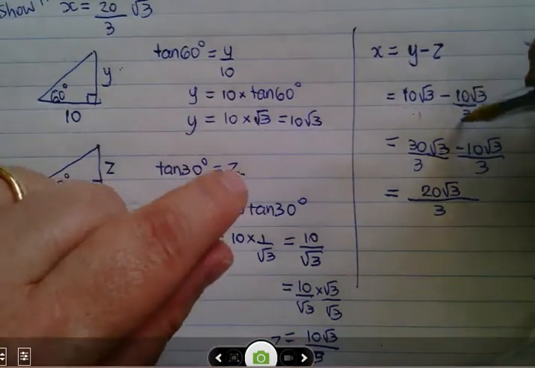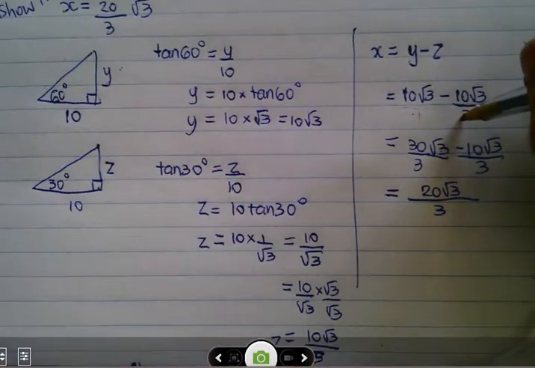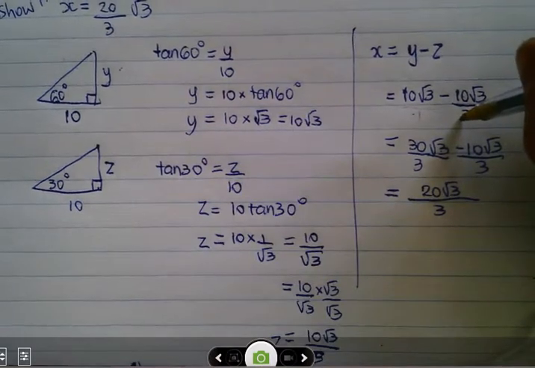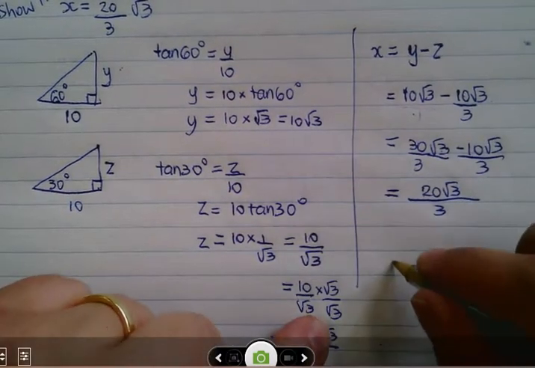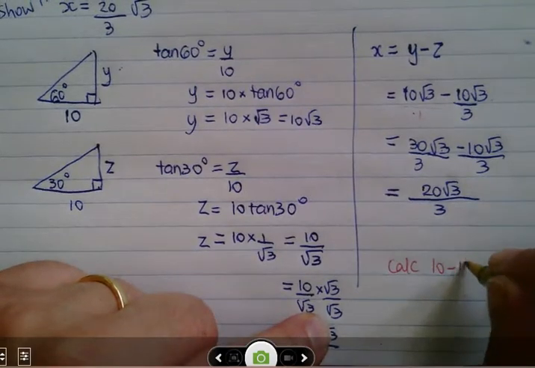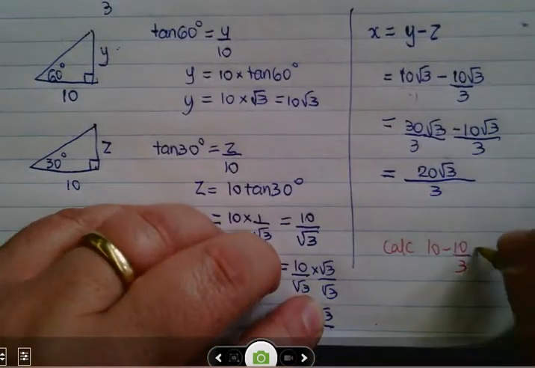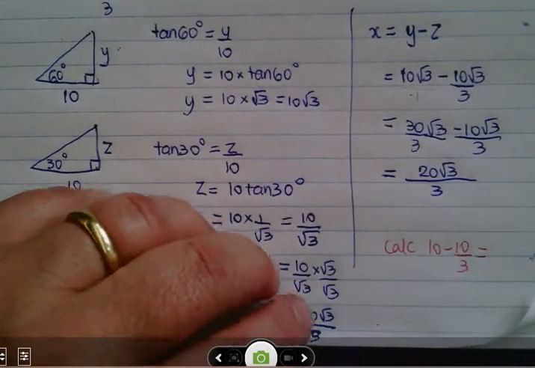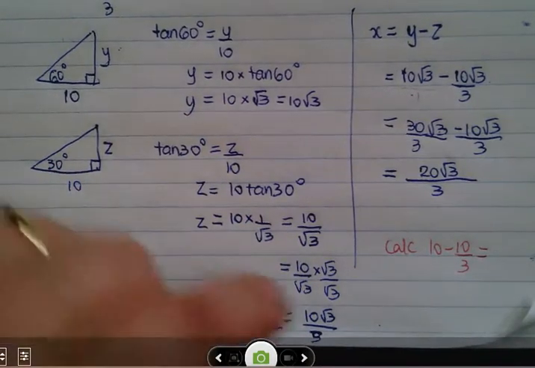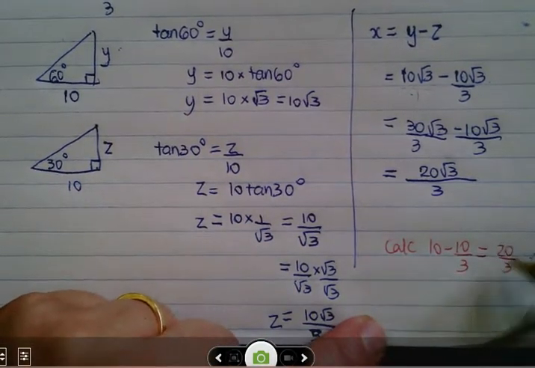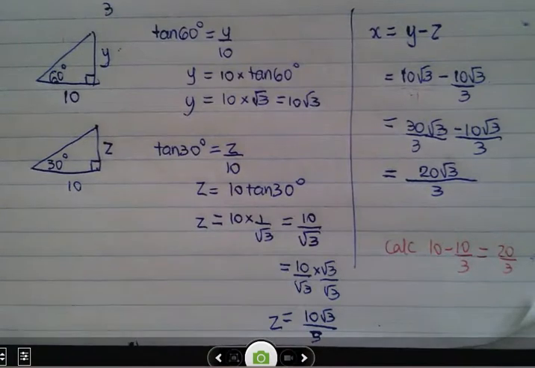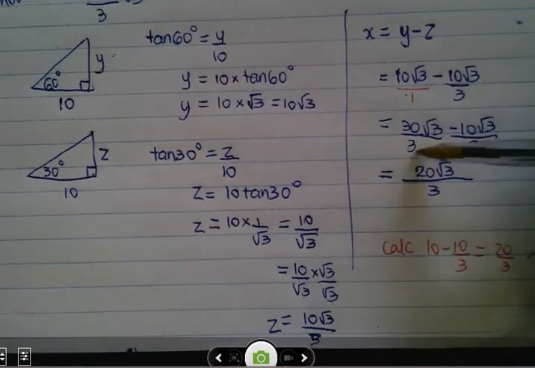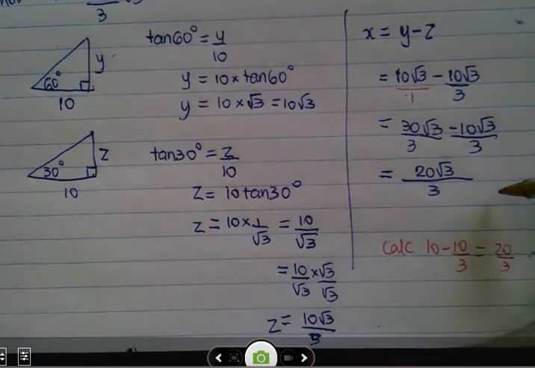The only bad thing about this is the 10 on 3. If that was a whole number in front, you wouldn't have a problem with this. So on your calc, you can go 10 minus 10 on 3. And you will get a mixed numeral, and you change that mixed numeral to an improper fraction, and you should get that. Try it. It does say show. They really do prefer this working out, girls.